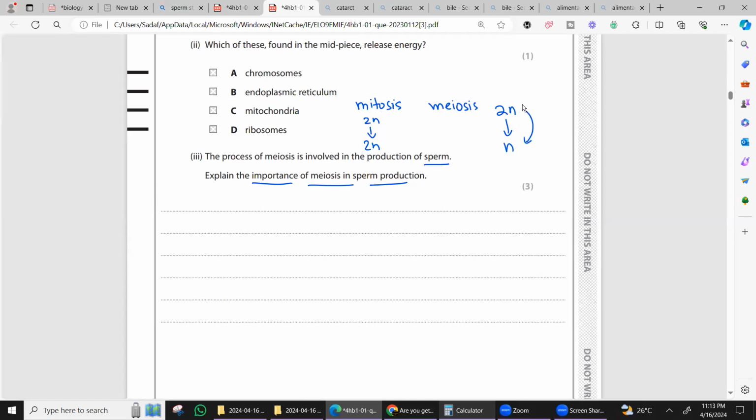Why is it done? This is reduction division, so that when the sperms and eggs fertilize together to make a zygote, they restore the number of chromosomes in the new individual.